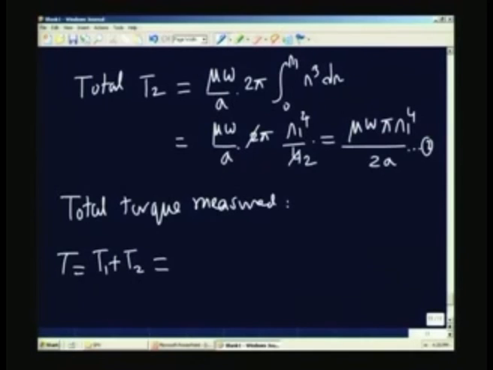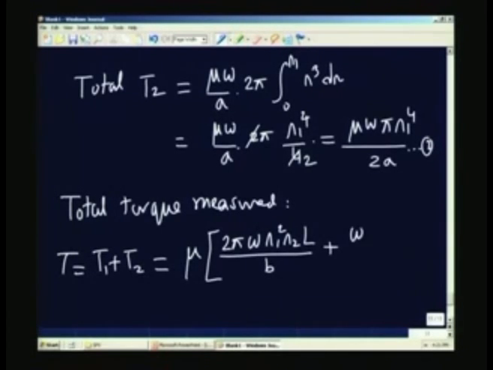So, it will be mu multiplied by 2 pi omega R1 squared R2 L divided by b plus omega pi R1 to the power of 4 divided by 2a. We can call it expression 3, and you see that T is measured.